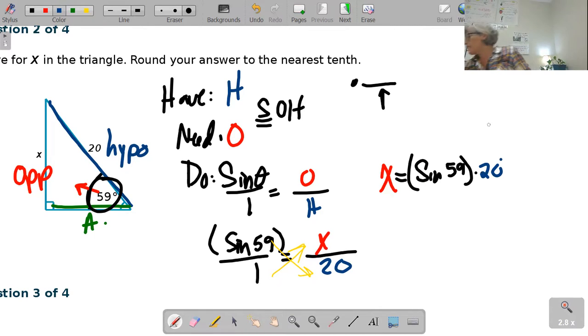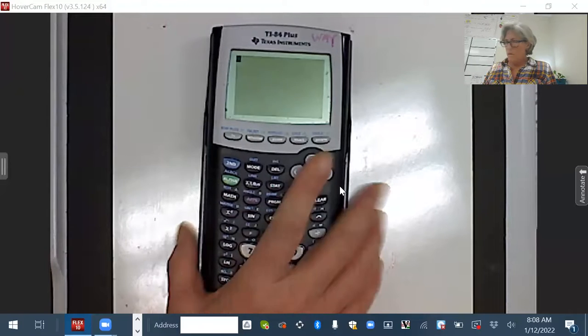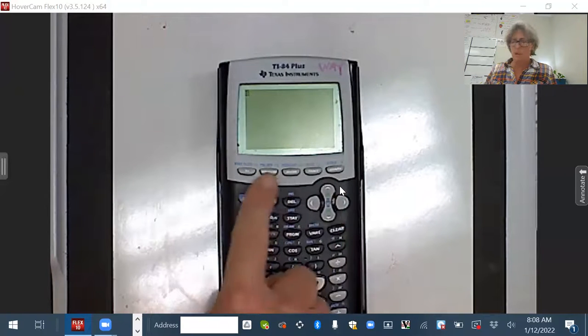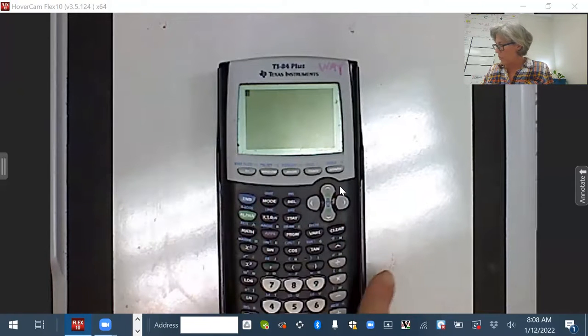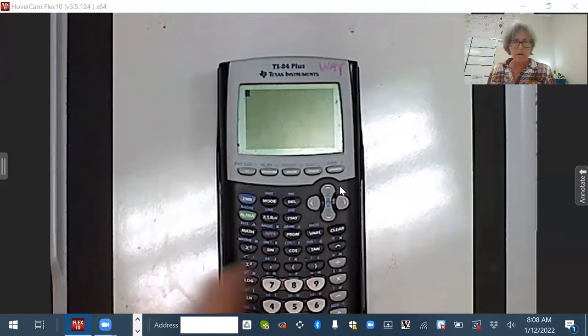Now we're doing sine of 59 times 20. If you have the large screen calculator, you need to make sure you get it in degree mode. So right here, mode, down, down, over, enter, clear.